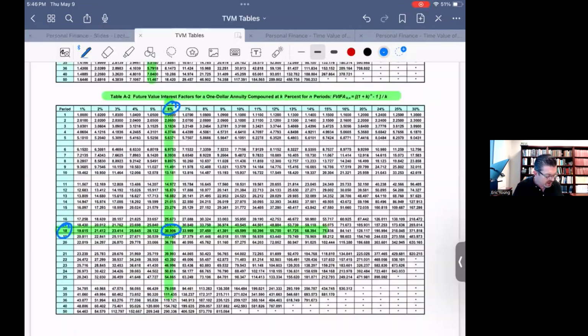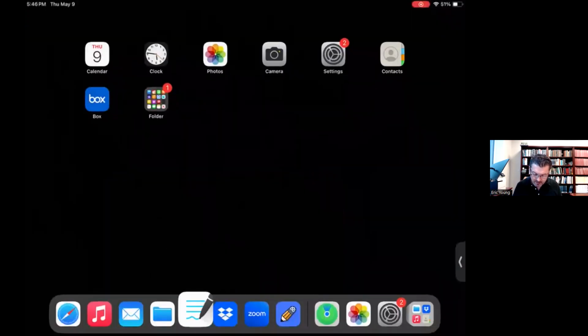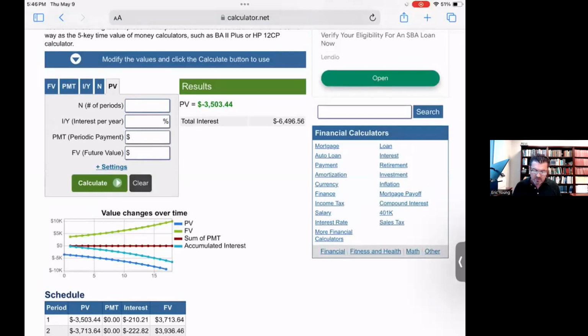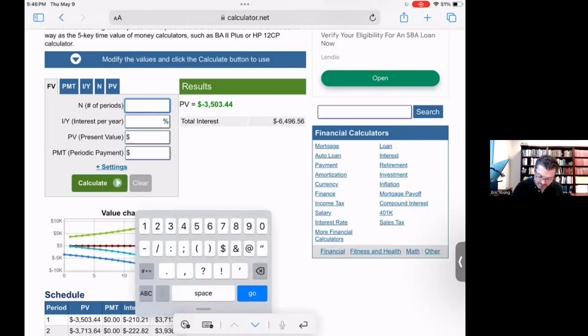Let's go to the calculator. This will be kind of clunky, so forgive me for this. Let's go to the calculator. And we need to clear. Now, in this case, we're solving for the future value. The number of periods is going to be 18.